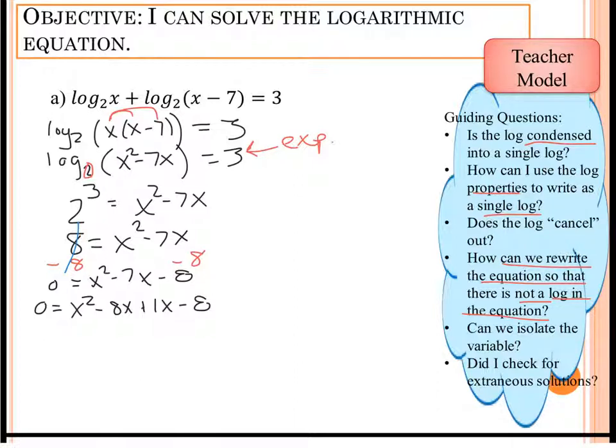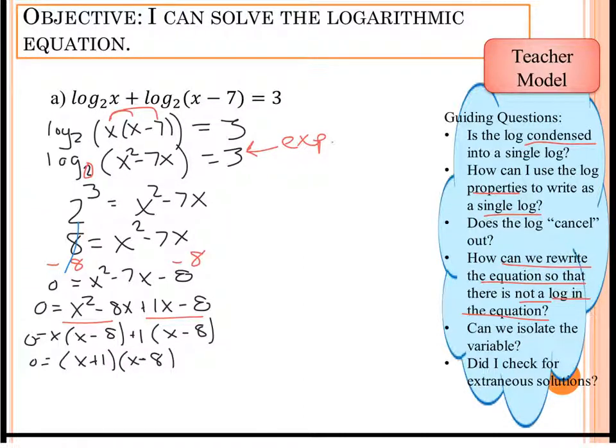So then, by grouping 2 and 2, I'm going to factor an x out of both those first terms, and that will give me x minus 8. And then in that second group, there's nothing really in common, so I'm going to take out a positive 1. That's going to leave me with x minus 8. So what that means is my factors are x plus 1 and x minus 8.